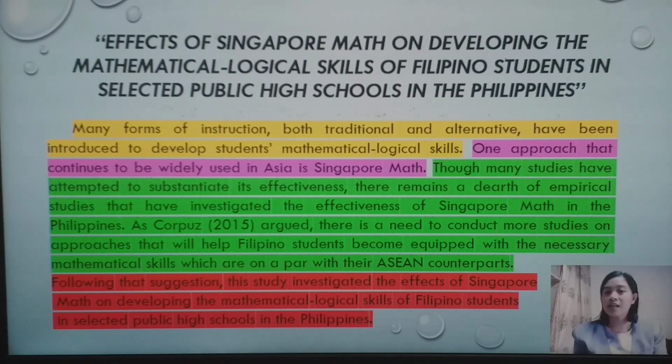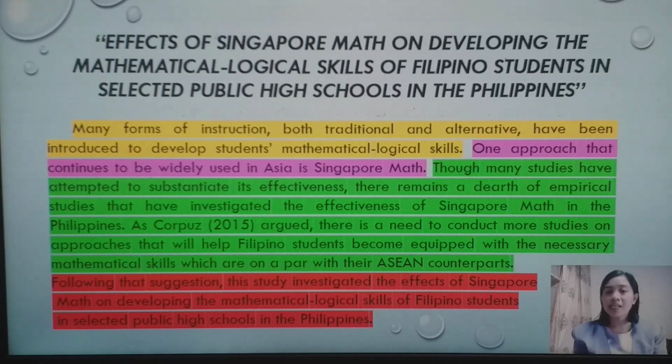And the succeeding sentences is the third component, that is the research gap. So it states, though many studies have attempted to substantiate its effectiveness, there remains a dearth of empirical studies that have investigated the effectiveness of Singapore math in the Philippines.